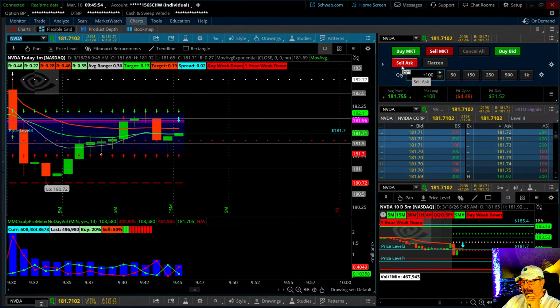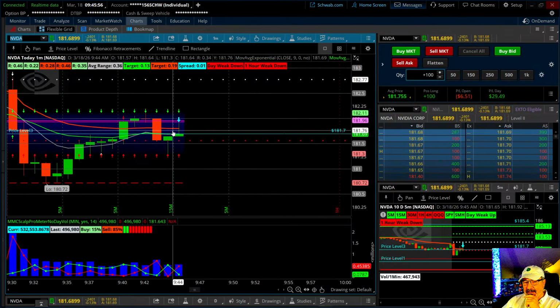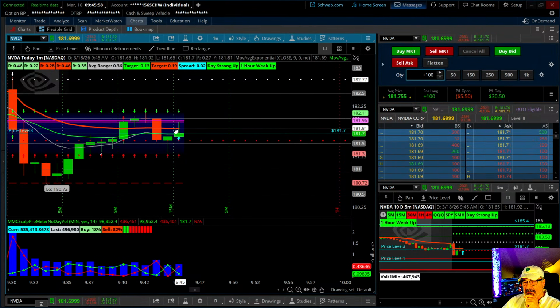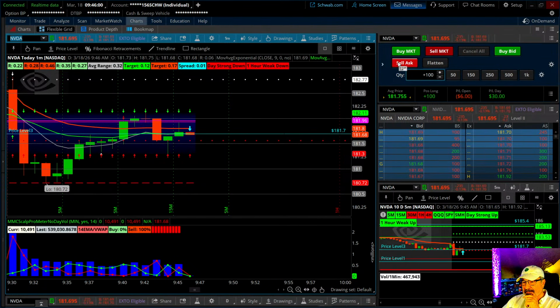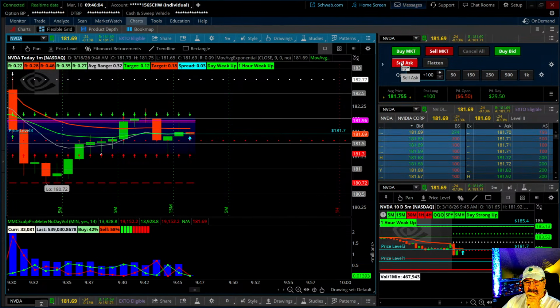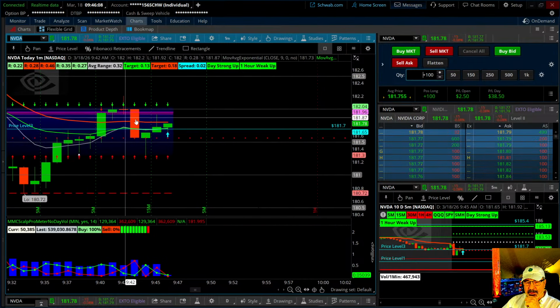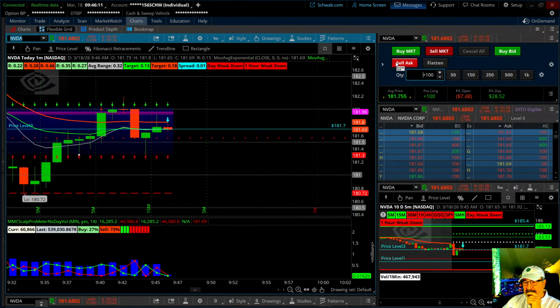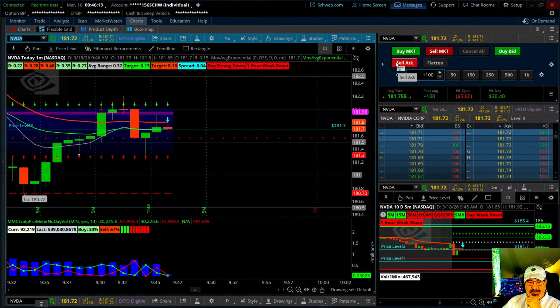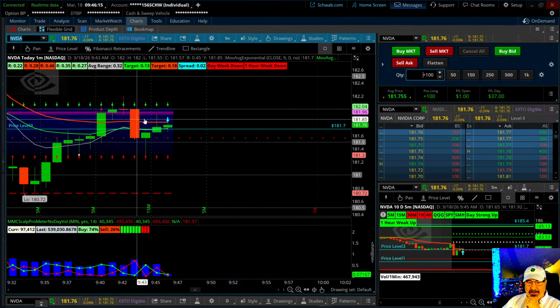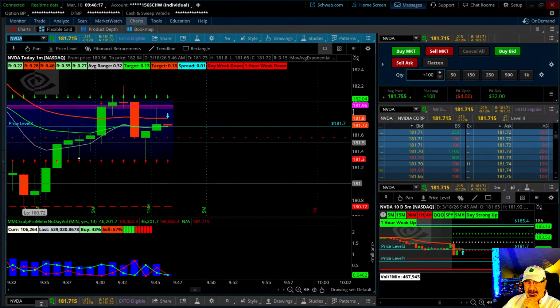Doesn't want to break that VWAP, huh? Boy. Stopped at that VWAP. It's 181.81. Remember, that's where the bulk of your capital is. I was not really thinking of using that as a level this early.